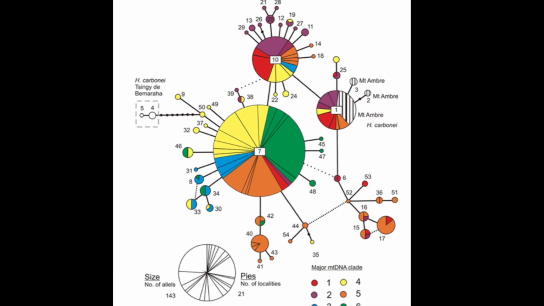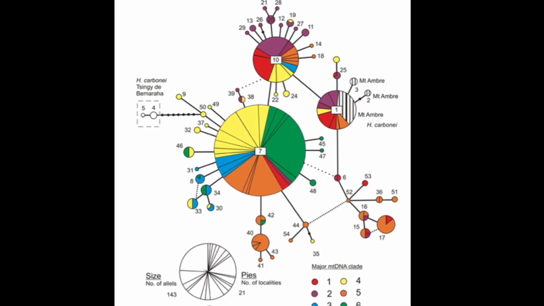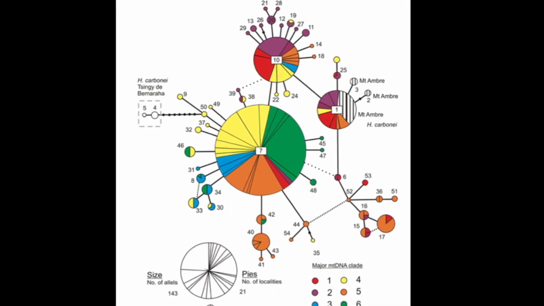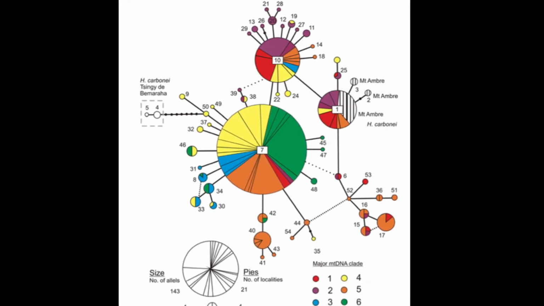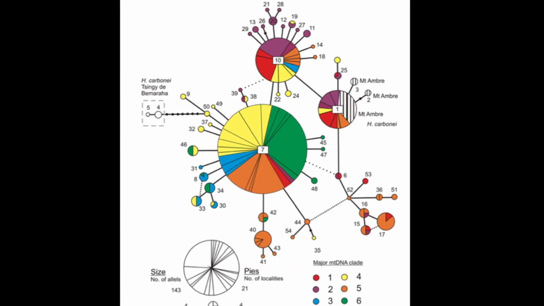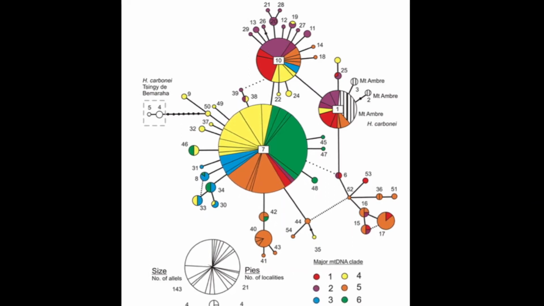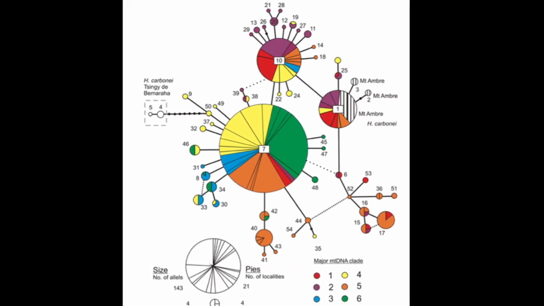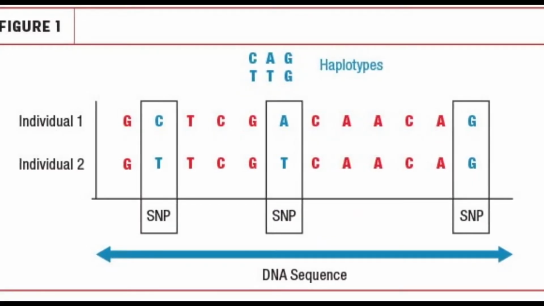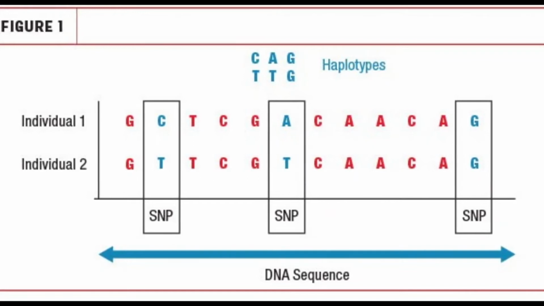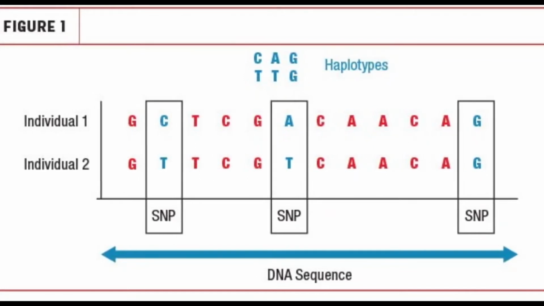A haplotype is a collection of alleles that are linked together and inherited together, since recombination does not occur on the majority of the Y chromosome, meaning it's a group of genes within the organism that was inherited together from a single parent. Haplotypes are composed of Y chromosomal short tandem repeat polymorphisms.